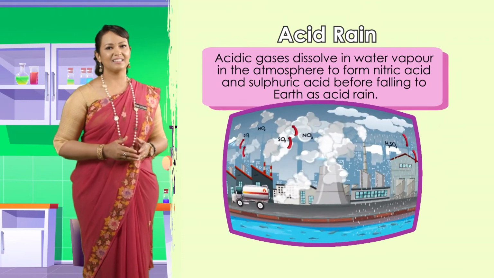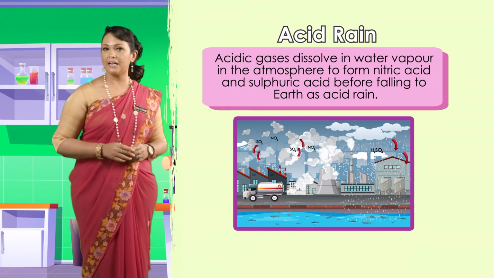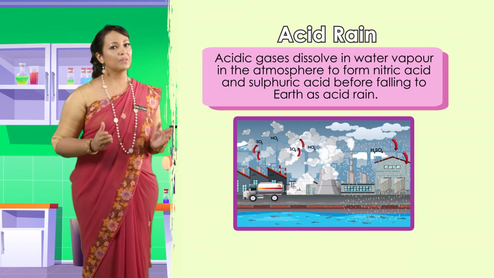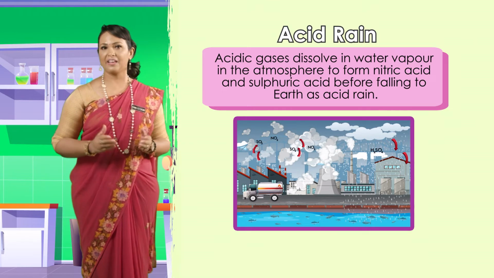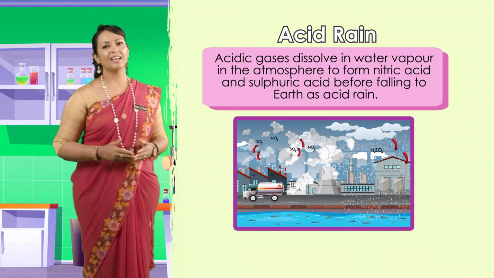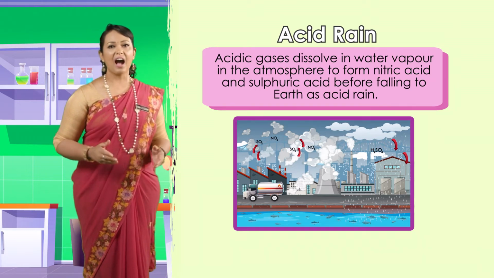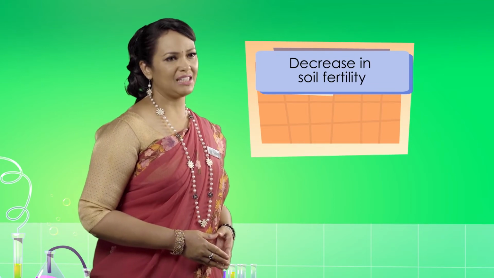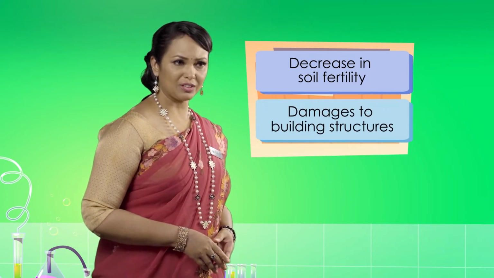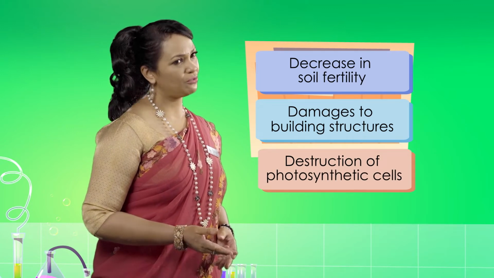These acidic gases dissolve in water vapor in the atmosphere to form nitric acid and sulfuric acid before falling to earth as acid rain. The effects of acid rain are extensive. Among the many bad effects are decrease in soil fertility, damages to building structures, and destruction of photosynthetic cells. So, when it rains, get your umbrella ready, boys and girls, because nowadays rain is harmful.